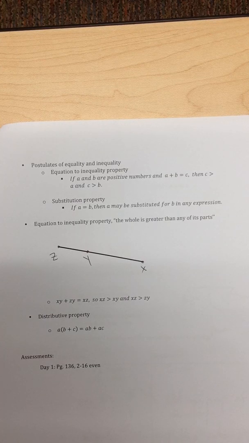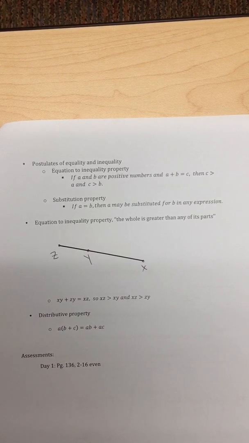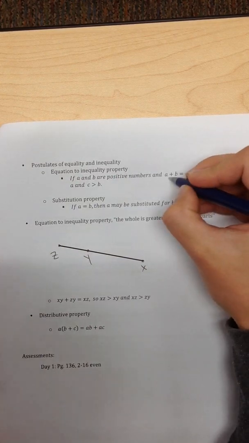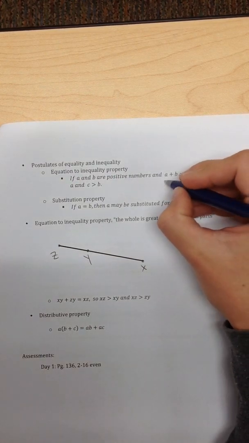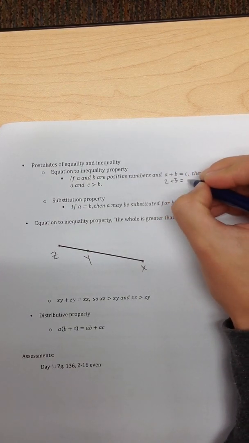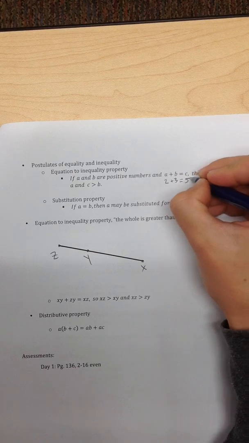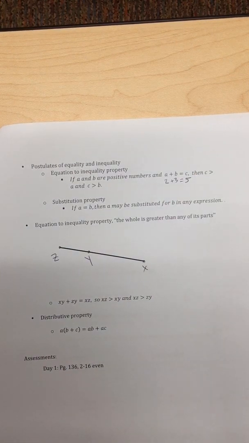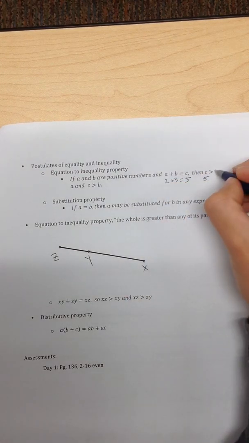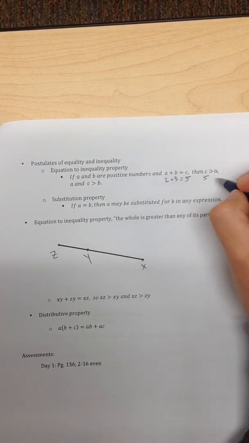So let's look at this here and talk about the equation to inequality property. Going back to this property, if I assign some values, say 2 for the A, we'll make the B 3, and C is 2 plus 3, which is 5. What it says here is C, our 5, is going to be greater than A, and our A is 2, so 5 is greater than 2.